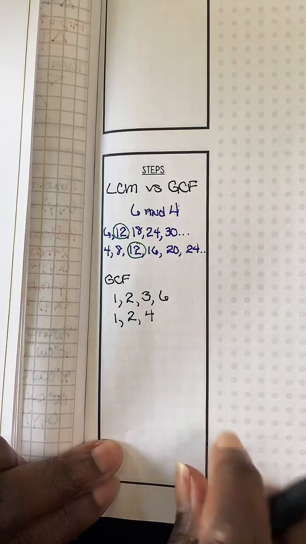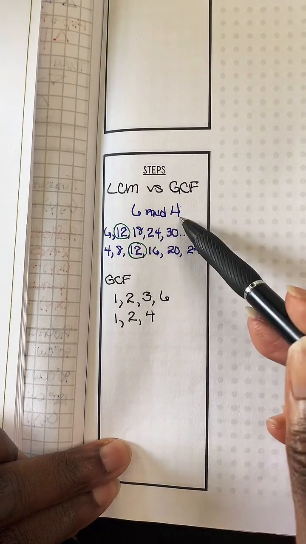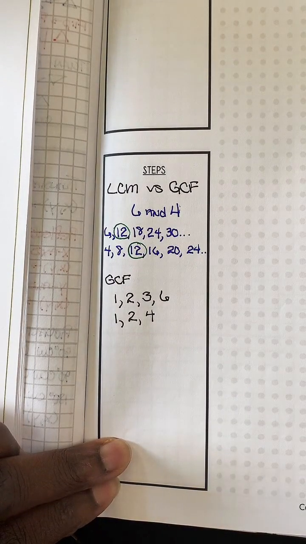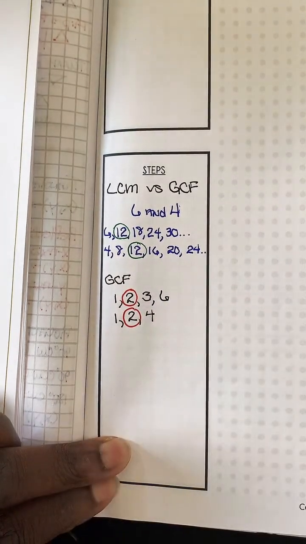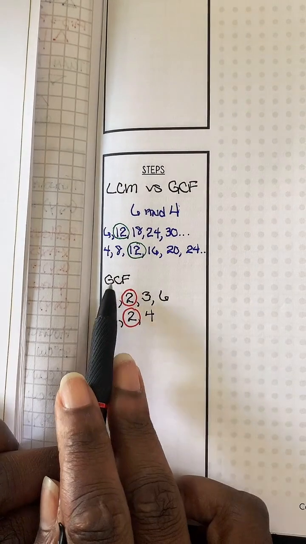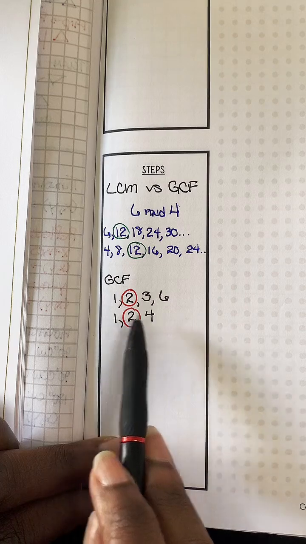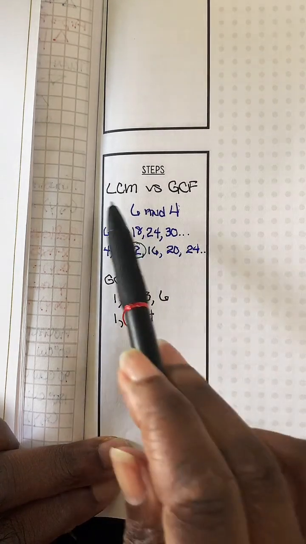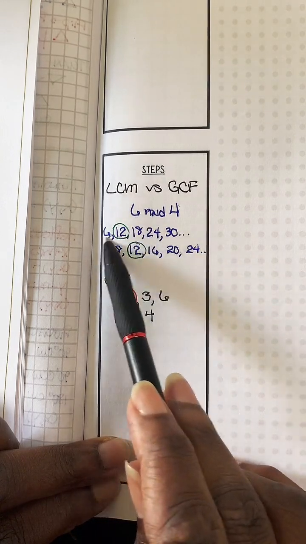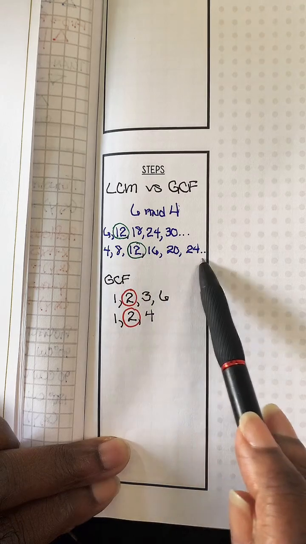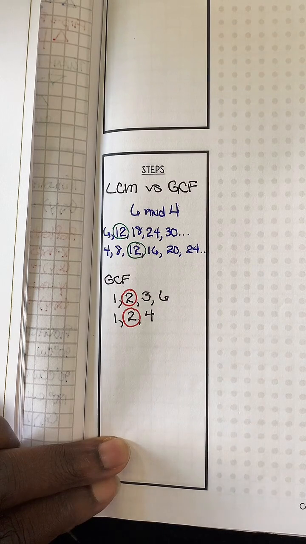So we're looking at what number contains both 6 and 4, and hopefully you see it right here with the 2s. Okay? So GCF factors: which multiplication table will have both numbers in it? LCM, you have to literally write out the multiplication of the 6s and of the 4s, and you're looking for the lowest one that they have in common.